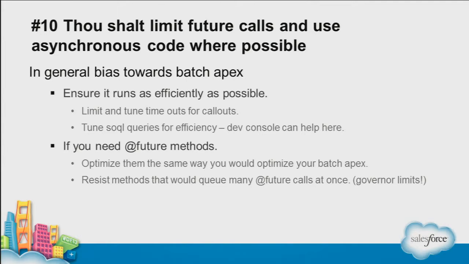When you're making SOQL queries from within them, make sure you're using the relationship queries we talked about. Generally, keep those as tight as possible. That works for either one of them. So when you're dealing with your batch apex, tighten it up as best you can, and when you have to use @future, tighten that up as well.